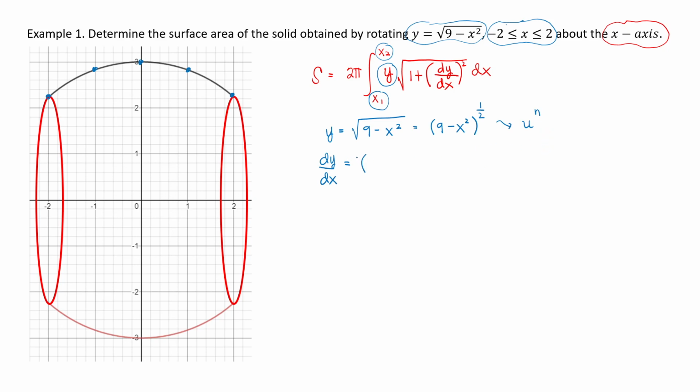The derivative is getting 1/2 down, then 9 minus x squared to the power of 1/2 minus 1, which is negative 1/2, and then the derivative of the base, which is negative 2x. This format is n times u to the power of n minus 1 times du, the derivative of the base. That's why we have negative 2x here.